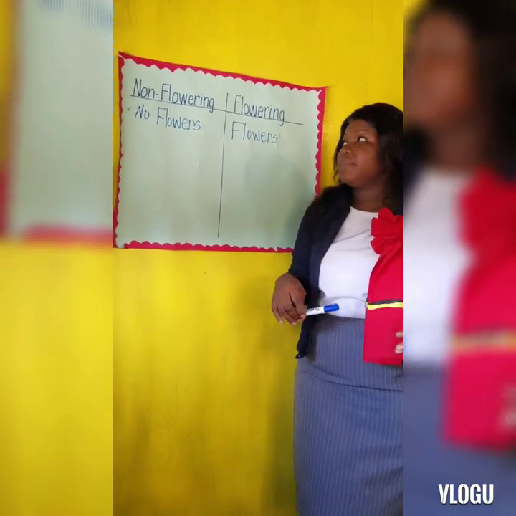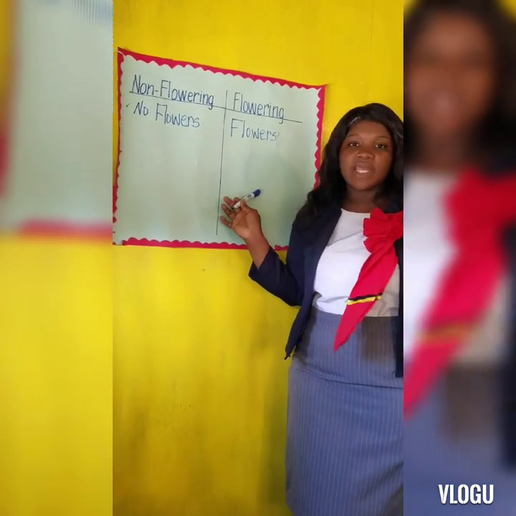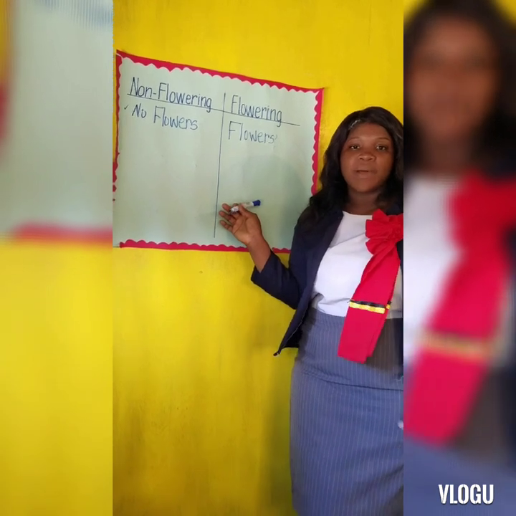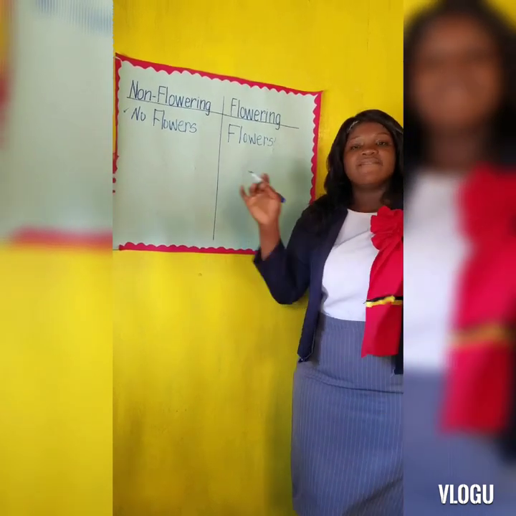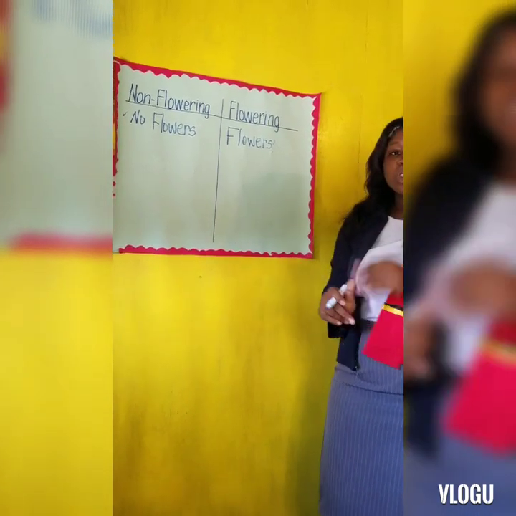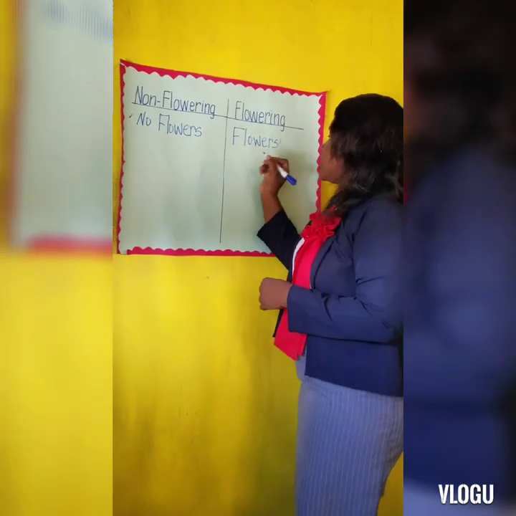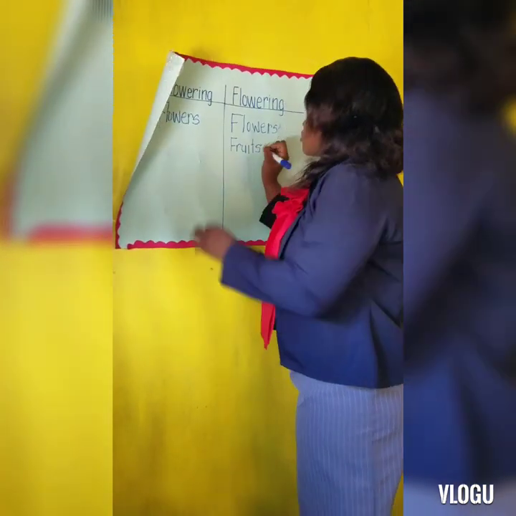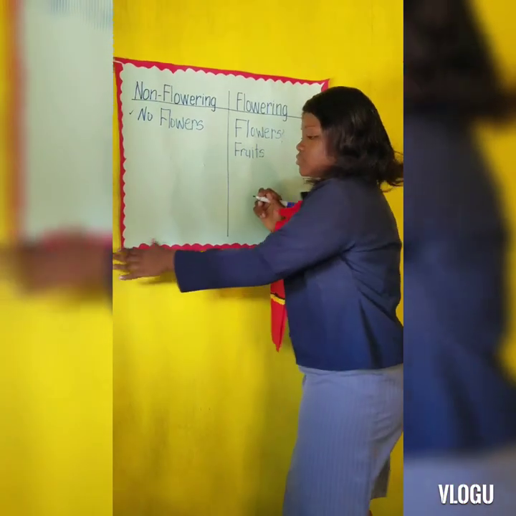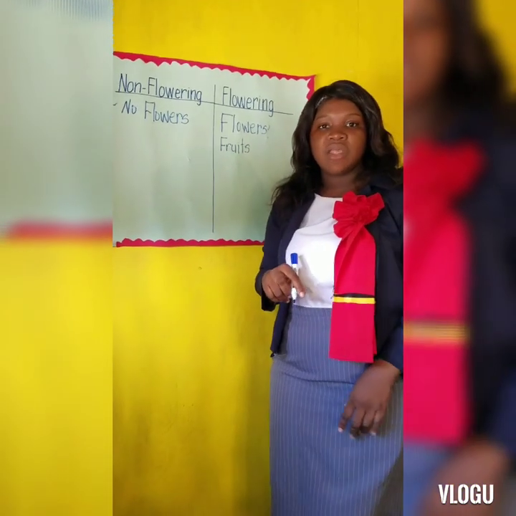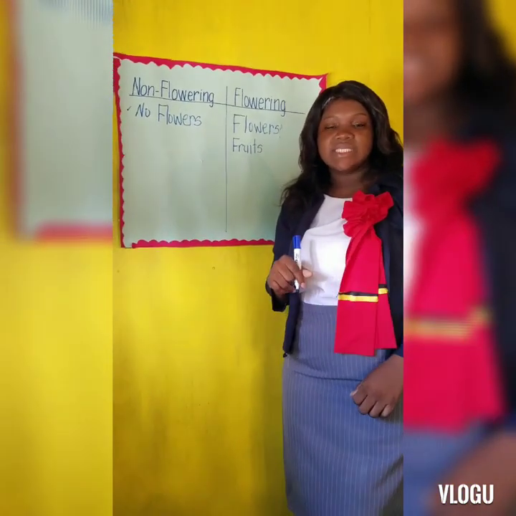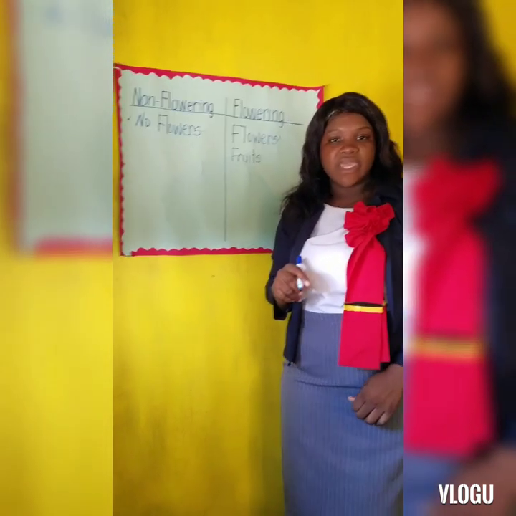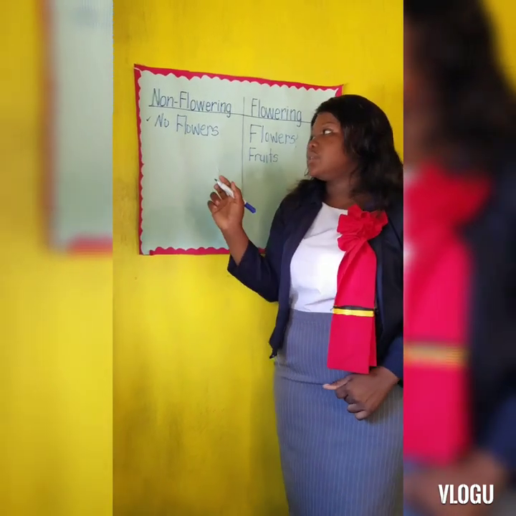Okay. Something else about the flowering plants now. Marcus. Very good. They produce fruits. And the non-flowering plants, Iris, don't have any fruits. Very good.